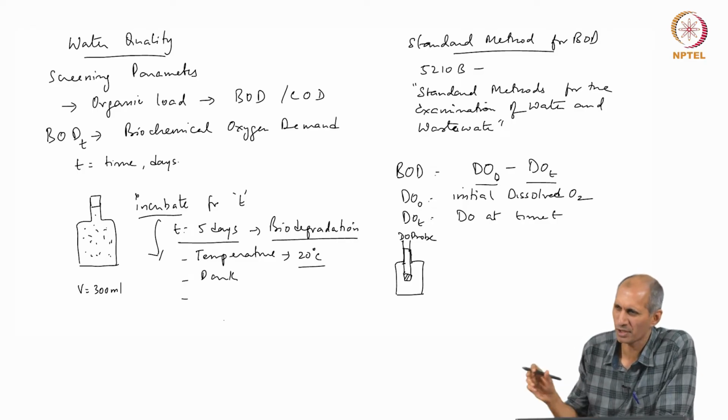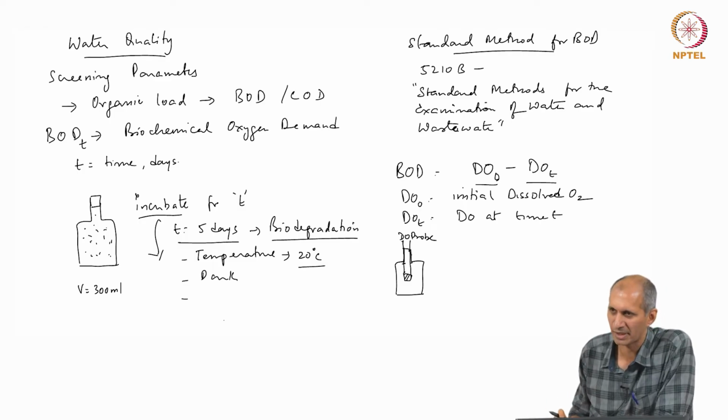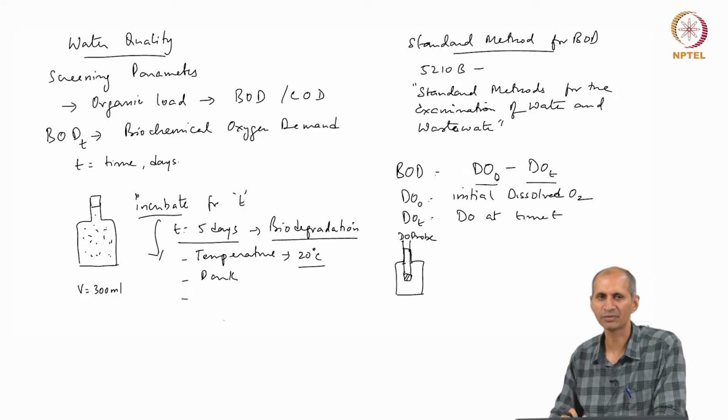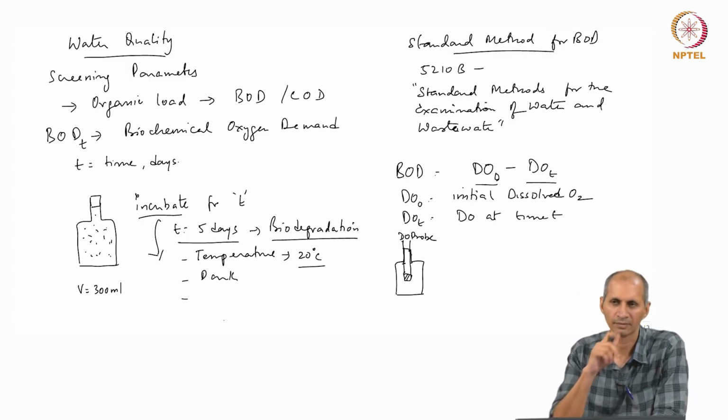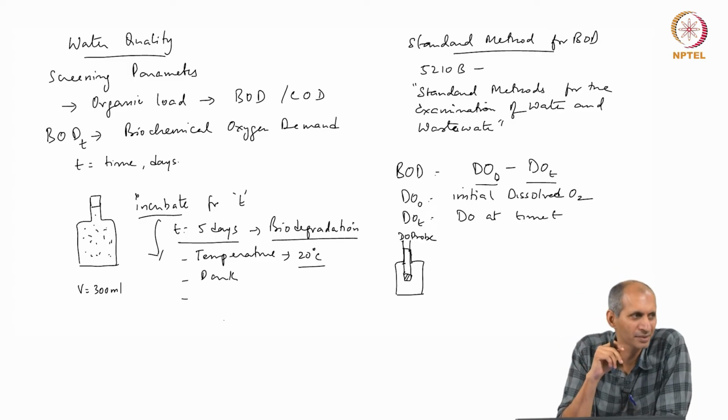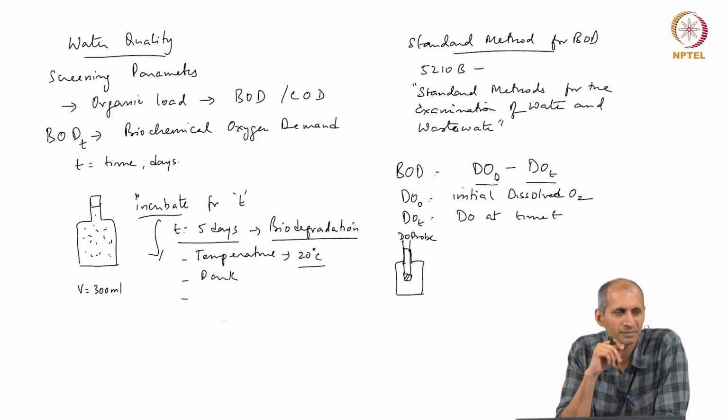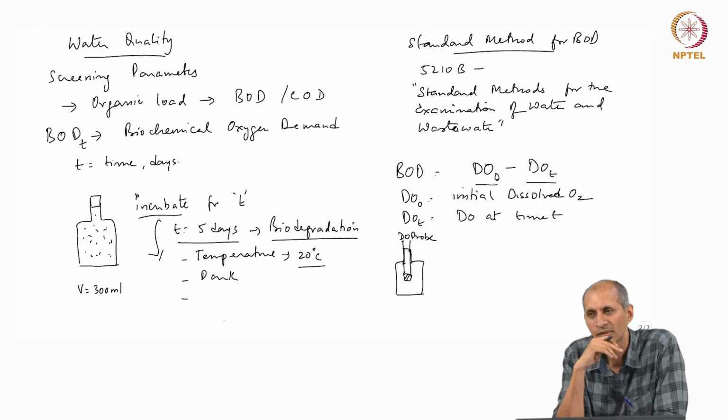If you see very small change in the oxygen content between DO0 and DOT, what does it mean? There are no microorganisms. The bottle is not sealed properly. Why? But if oxygen is not changing from initially, it means oxygen is not going out anywhere. It is not being consumed. One possibility is that there are no microorganisms in the wastewater to do the biodegradation.